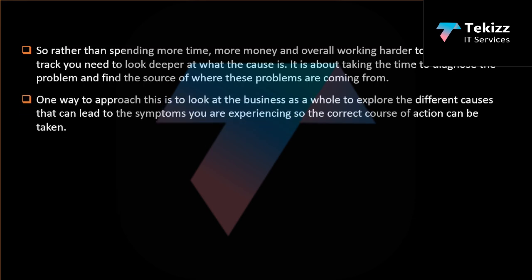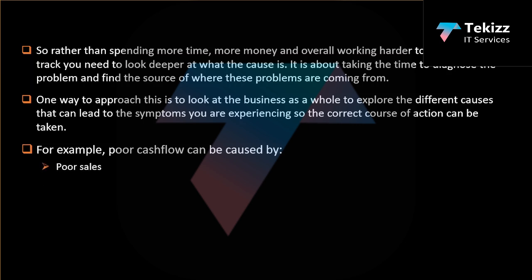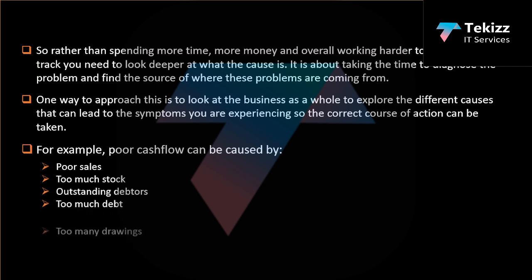One way to approach this is to look at the business as a whole to explore the different causes that can lead to the symptoms you are experiencing, so the correct course of action can be taken. For example, poor cash flow can be caused by poor sales, too much stock, outstanding debtors, too much debt, too many drawings, not enough leads, and so on.